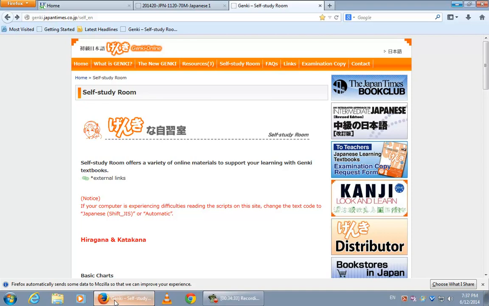Okay, so we talked about the particles. We talked about time references taking ni versus time references that don't take ni. We talked about masenka. Word order. They're showing that in general, your topic comes first, then a time phrase or frequency adverb, some kind of time reference usually comes next, immediately after the topic.